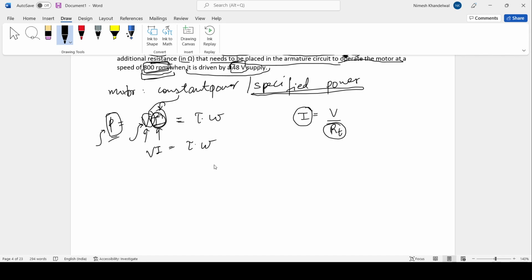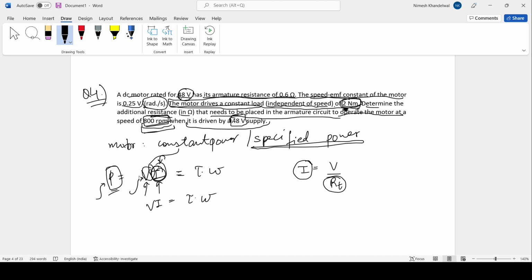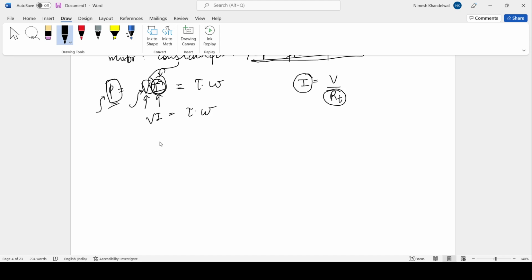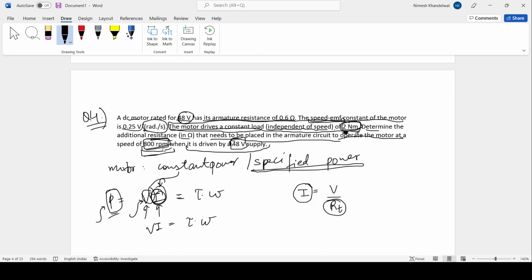This is a similar kind of problem. So how do we do this? What is the procedure for this kind of problem? We have been given some quantities here: the speed EMF constant is this much. In your lectures, you might have seen the speed torque equation for a simple DC motor.